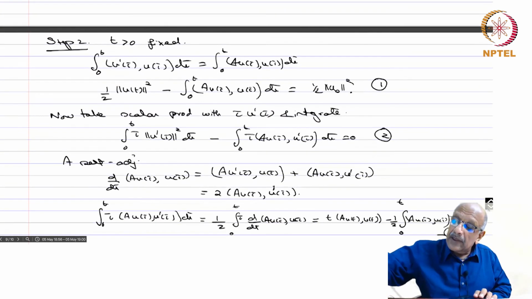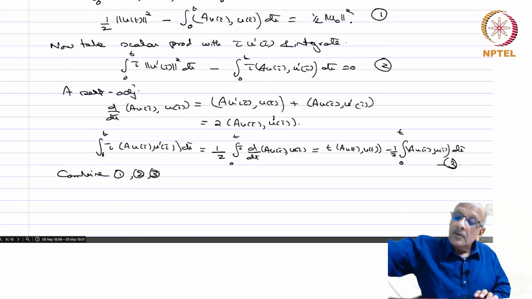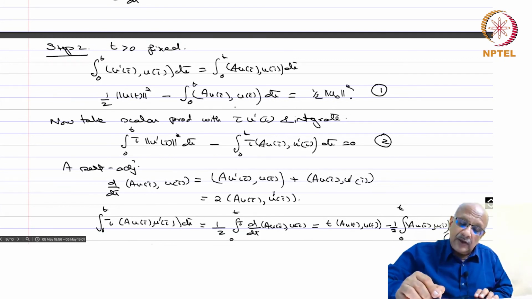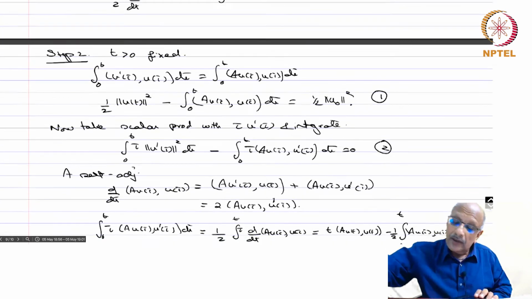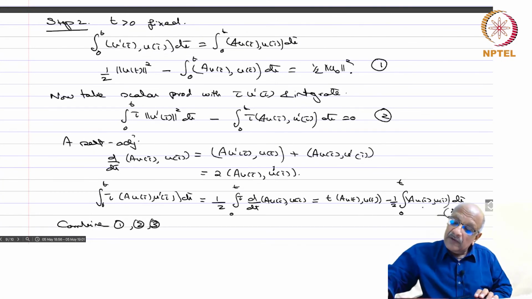So now you combine 1, 2 and 3. In 1 you have the integral of A u(tau), and here you have the integral of A u(tau) equal to something else, and then t (A u(t), u(t)) in terms of tau u'(tau).